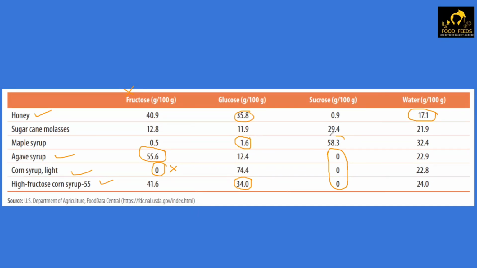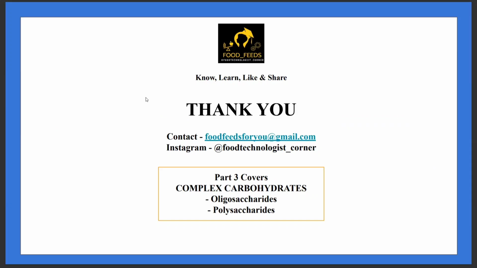And sucrose is highest in case of maple syrup, and here the water content is almost the same in case of sugarcane molasses, agave syrup, corn syrup, and high fructose corn syrup. So basically, you can just check for what is absent and what is the highest value of individual sugar units. So that was all about the disaccharides and the sugar syrup.